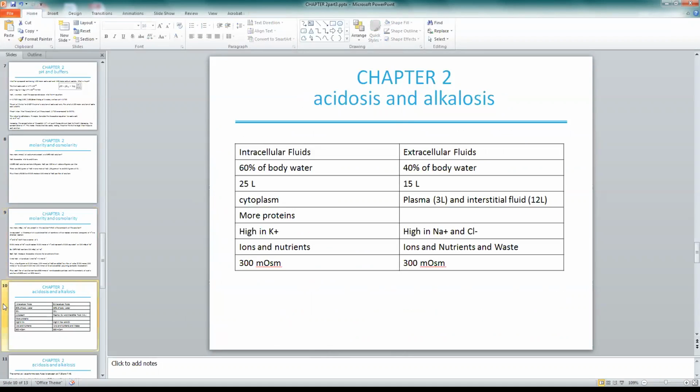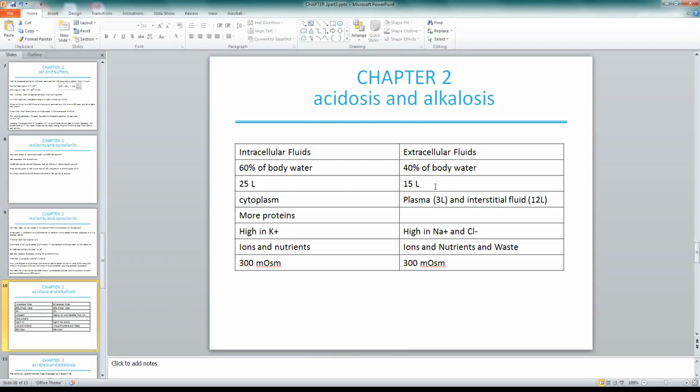And so you might be thinking to yourself, well, that's all well and good, but why do I care? If we go back to what we talked about in terms of intracellular and extracellular fluids, and we think about water and where it's found, you can do a calculation to figure out the amount of water that is in a body, and then apply that percentage to figure out how much is found in each compartment.